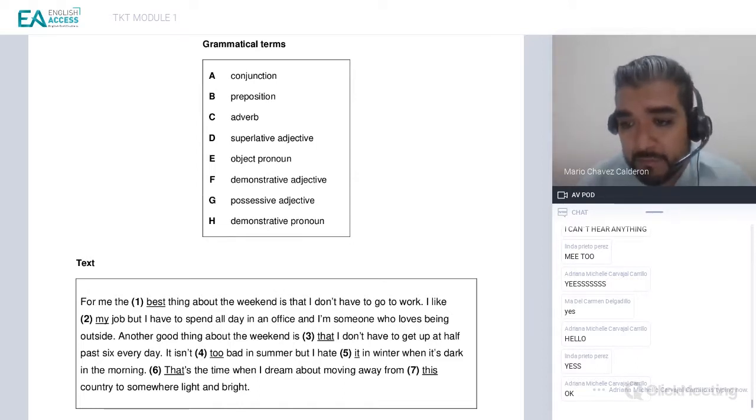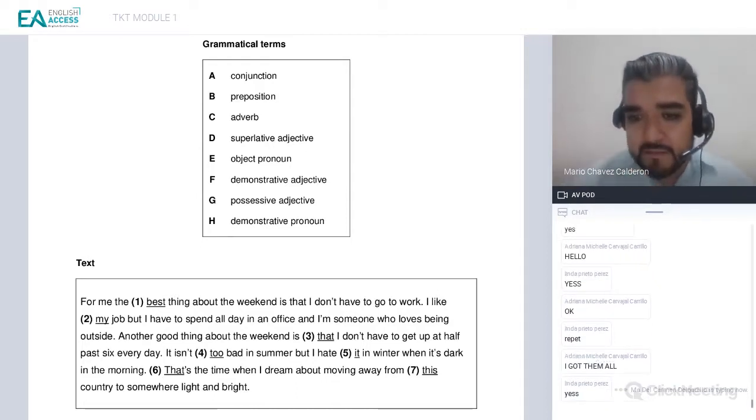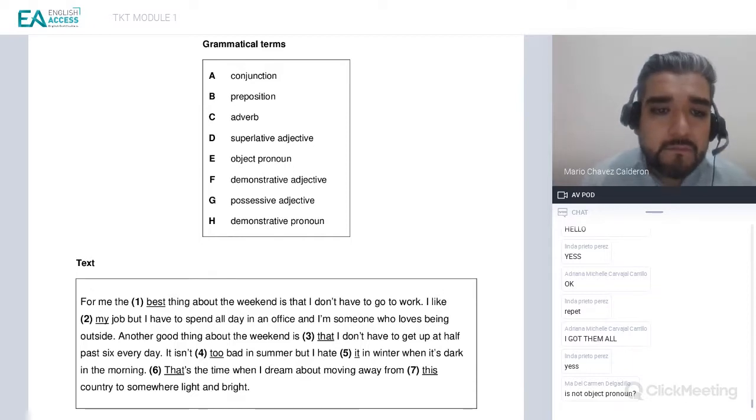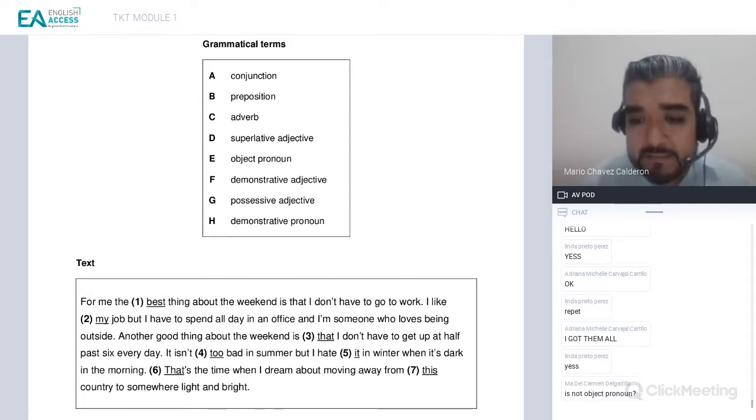You got the answers? Do you want me to repeat them? Okay. Number 2 is letter G. Number 3 is letter F. Number 4 is letter C. Number 5 is letter E. Number 6 is letter H. Number 7 is, which one?